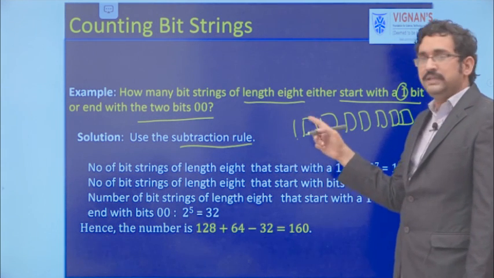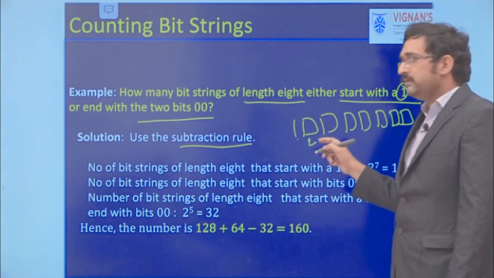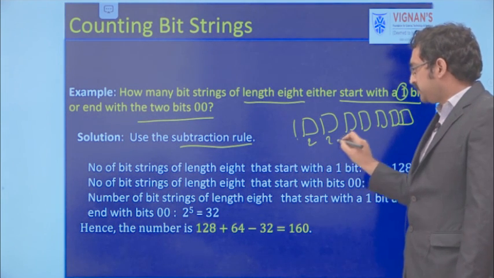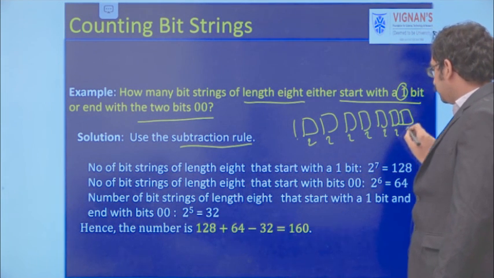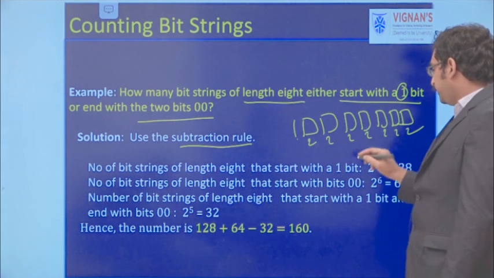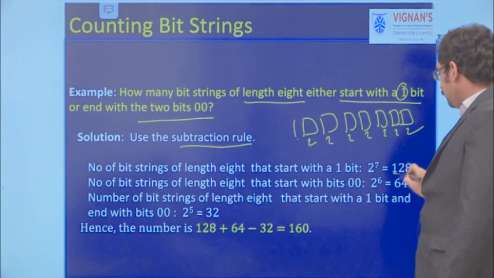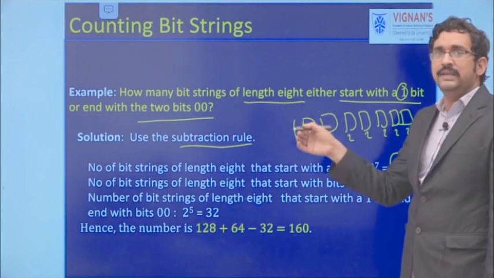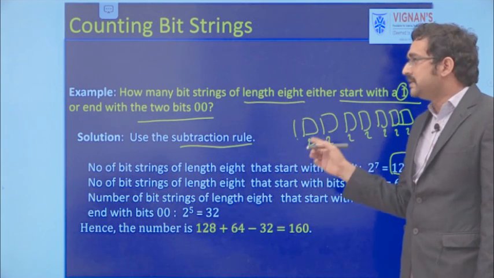The second bit can be either 0 or 1, so for the second bit we have 2 options. The third bit can be 0 or 1, so 2 options, and similarly 2, 2, 2, 2, 2. So 1 into 2 power 6 gives 2 power 7. So there are 128 possible strings of length 8 that start with 1.